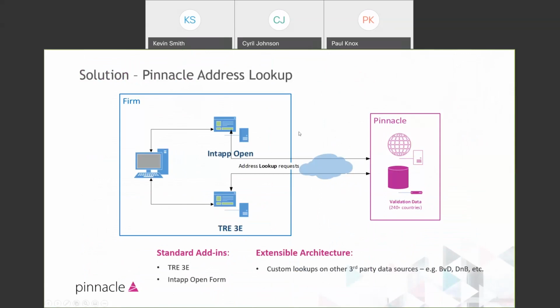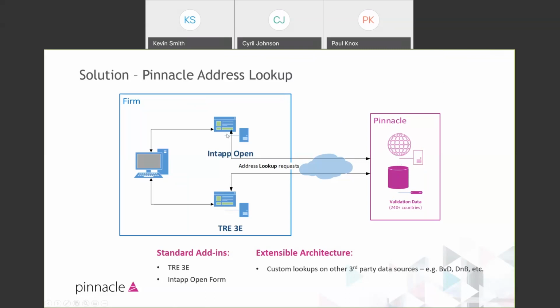Within the firm, within your environment, we have 2 possible ways of plugging into your systems through 3E or Intapp. And outside of your environment, we hold the validation data and provide a service that performs the lookup and validation of addresses.